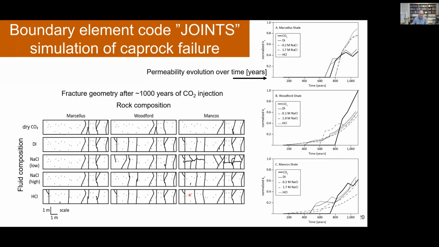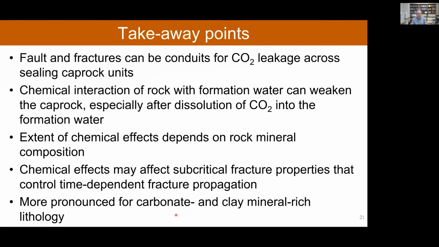So the takeaway points here: yes, faults and fractures can be conduits for CO2 leakage. It happens in natural systems. Unlike oil and gas applications, in top seal risk assessment in this case, we need to be concerned about chemical effects.